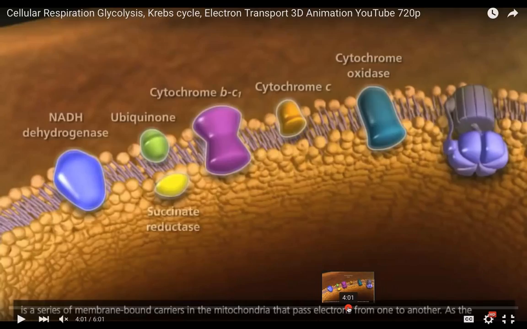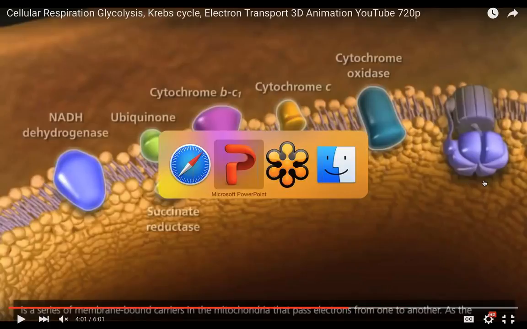Here, the mitochondria has tons of different walls that you have to go through, almost like a cell wall where different molecules can pass by and go into different stages.